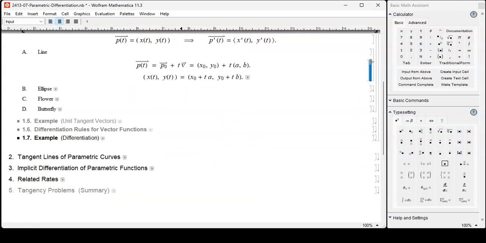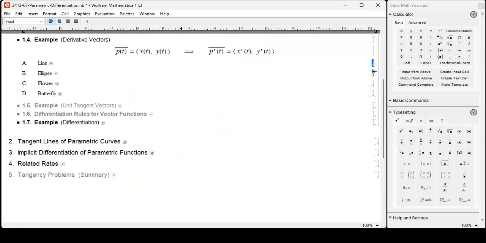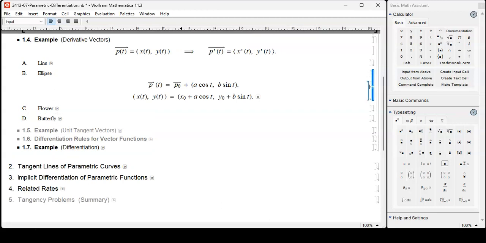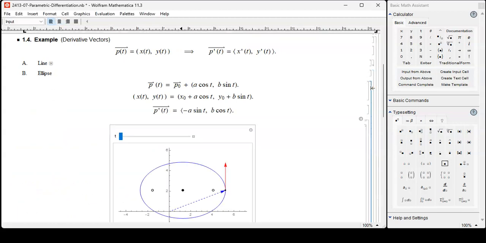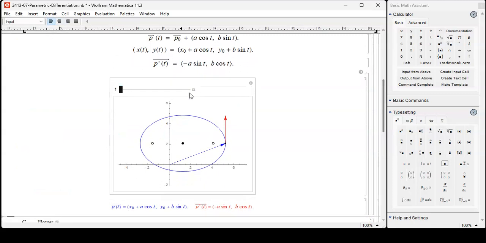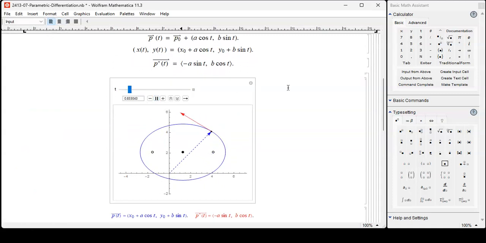How about the next example? Ellipse? Okay, let's see it. It's a little bit hard to see because this one looks almost circular.